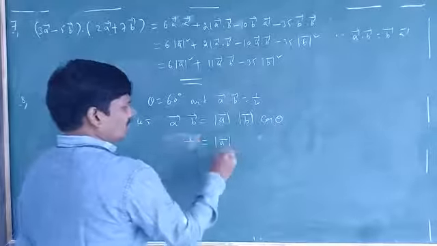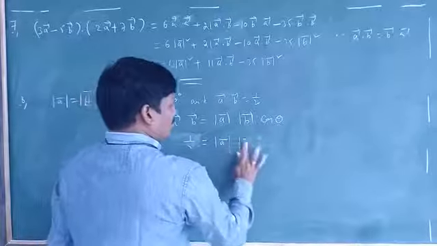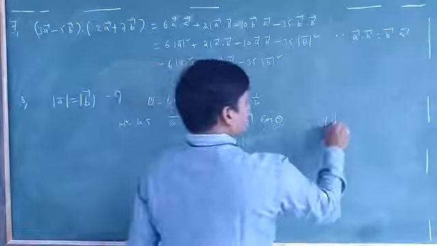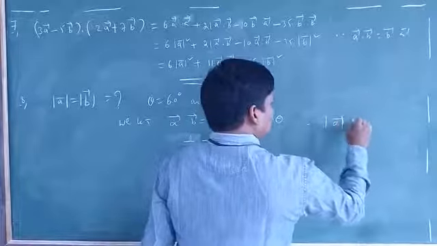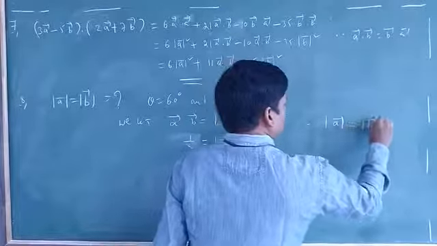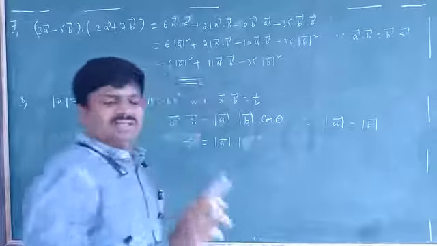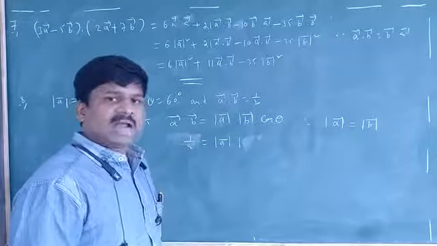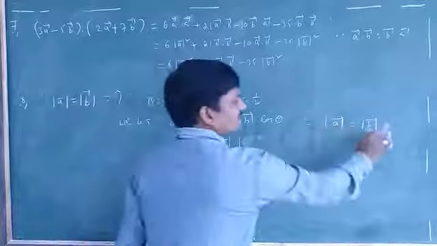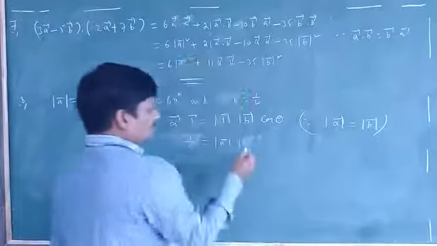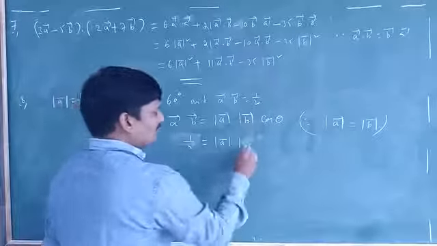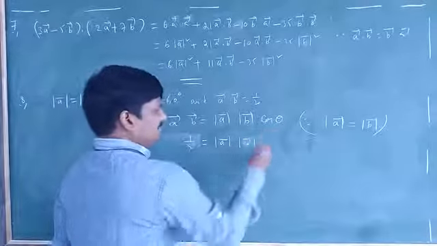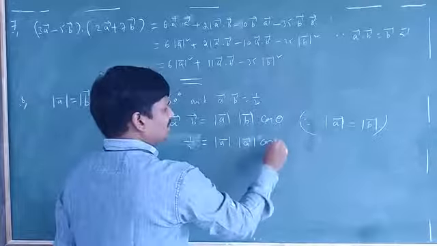So 1 by 2 equals mod a bar mod b bar cos theta. See what is given here: a bar and b bar vectors have the same magnitudes, that means mod a bar is equal to mod b bar. So in the place of mod b bar, I am writing mod a bar, into cos 60 degrees.